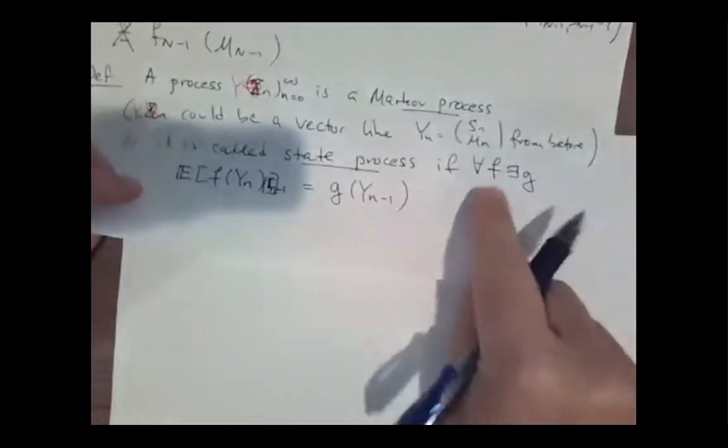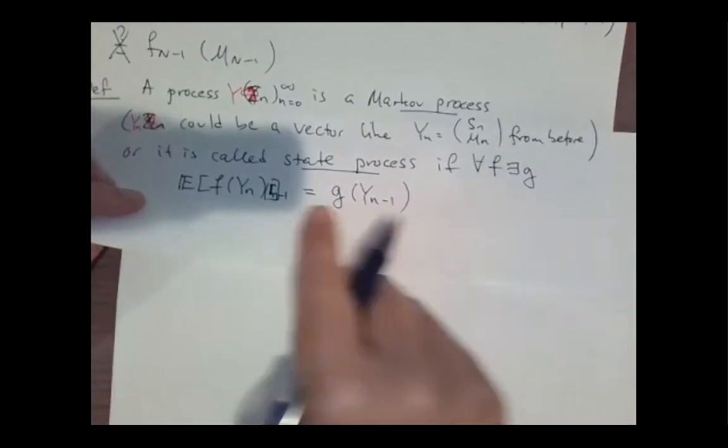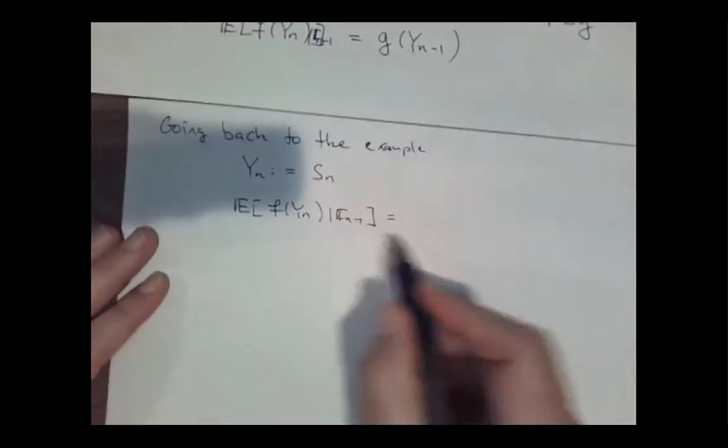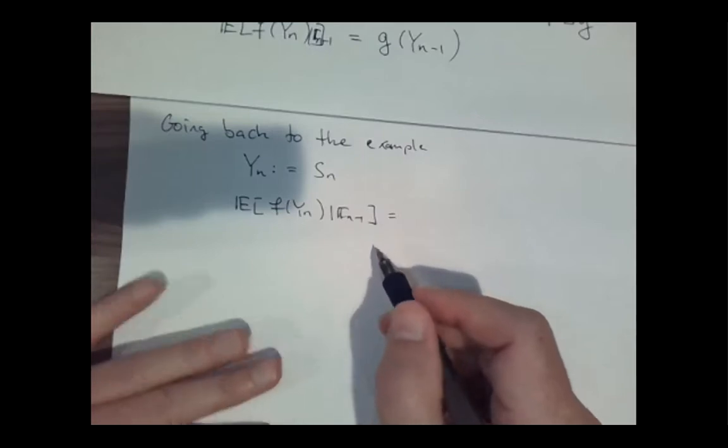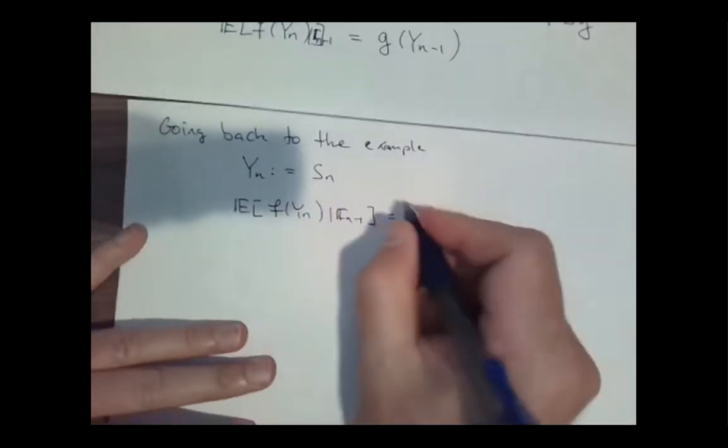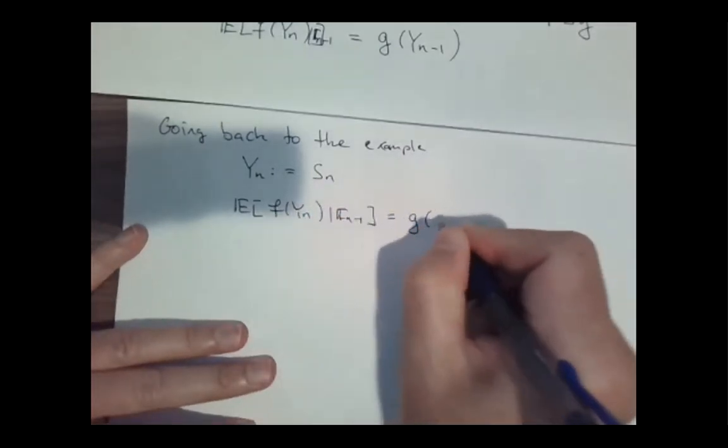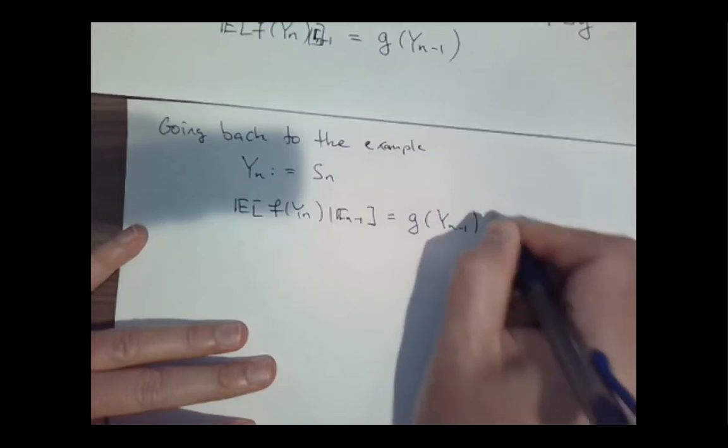Give me any function, can I find another one such that this is true? Is it really true that I can write this just as a function of Sn minus 1? Is this equal to g of Yn minus 1?